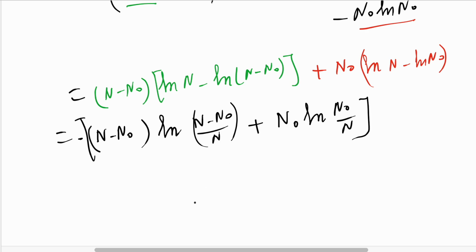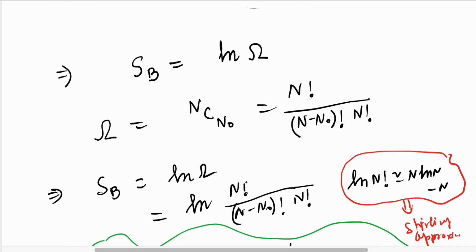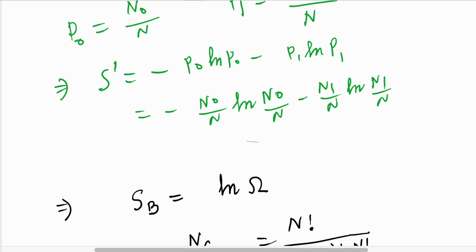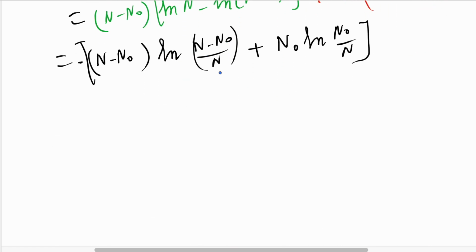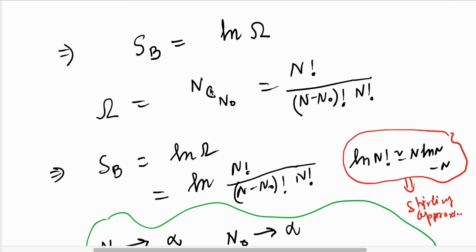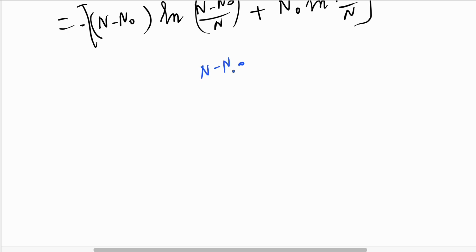Now you can see where I want to reach, right? In the expression of the Shannon entropy, exactly the same looking things are there. So there it is (n minus n0) ln ((n minus n0) by n). What is it? It's nothing but the probability of a particle, (n minus n0) by n, remaining in the energy state E. So it is nothing but probability P1.